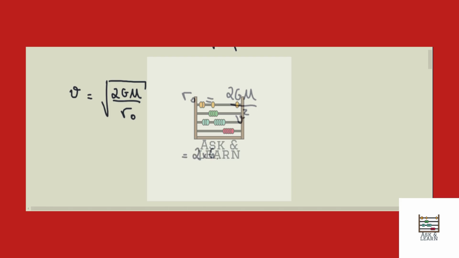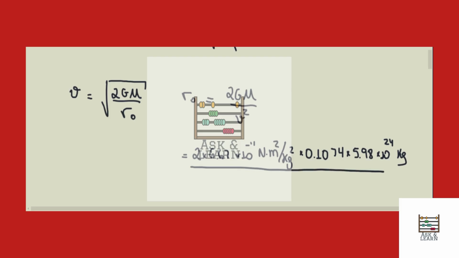So I have 2 times 6.67 times 10 to the minus 11 newton meters squared per kilogram squared times the mass, that's 0.1074 times the mass of the Earth, which is 5.98 times 10 to the 24 kilograms, divided by v squared.